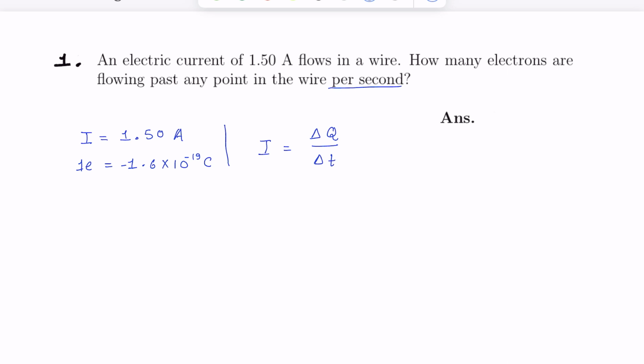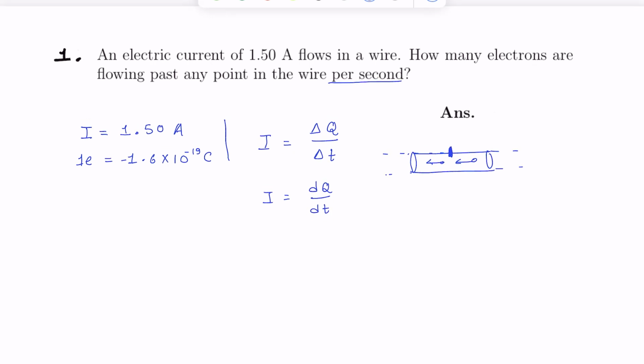You can imagine a piece of wire right here, and some charge is being transported, and you're counting how much charge is passing through per unit time. That's what current is. And in calculus, for a small change it's dQ over dt, or just delta Q over delta t.